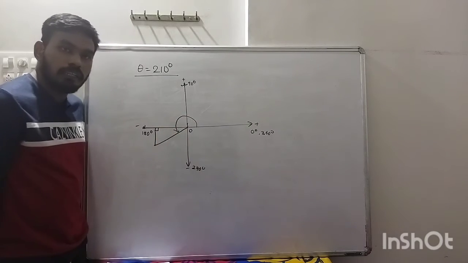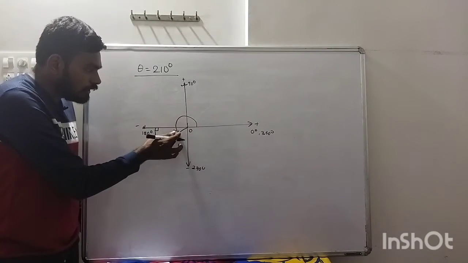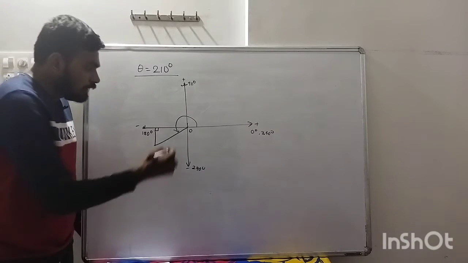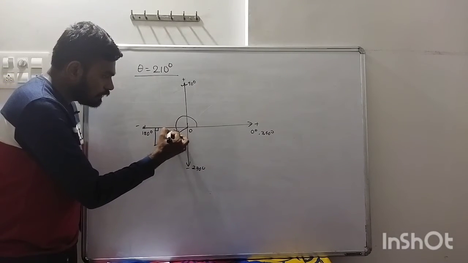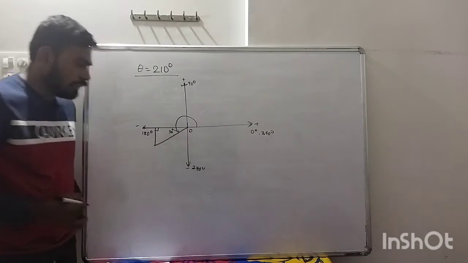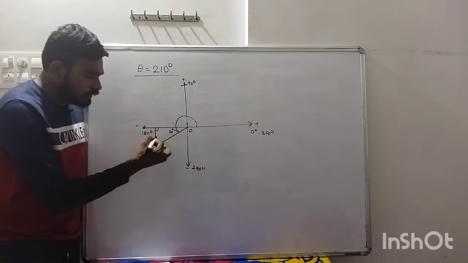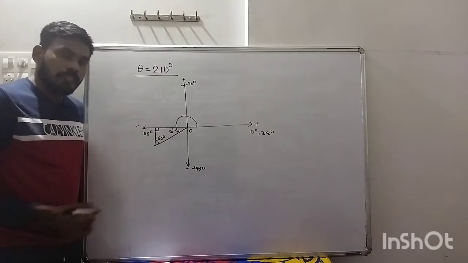This is 210 degree. If this entire angle is 210 degree, how much is this? This will be 30 degree obviously, only this much. If this is 30 degree, this will be 60 degree, and this is 90 degree.